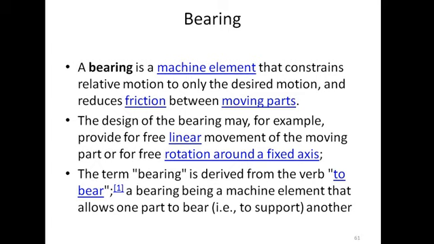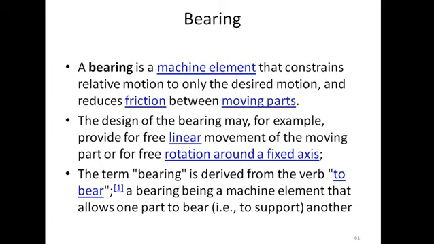Generally, a bearing is a machine element that constrains relative motion to only the desired motion and reduces friction between the moving parts. The design of a bearing may, for example, provide for free linear movement of the moving part or free rotation around a fixed axis.